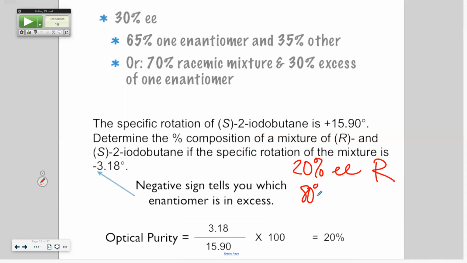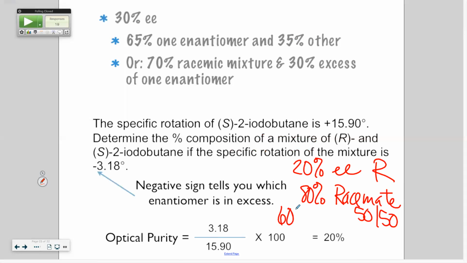Yes, the other 80% is a racemate, the racemic mixture. So how much R is in our whole thing? 60% R and 40% S. See how we got it? The racemate is 50-50. So what's half of 80? 40 plus 20 is 60.